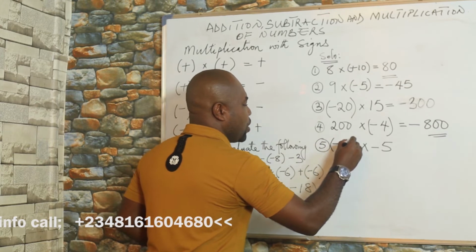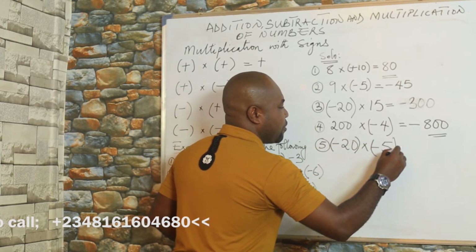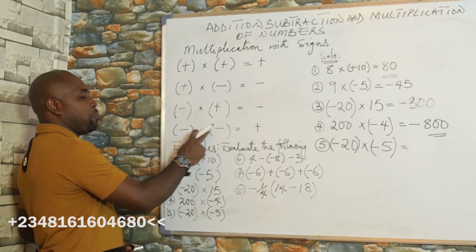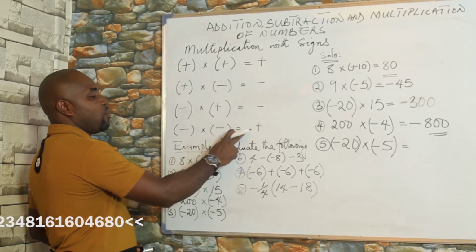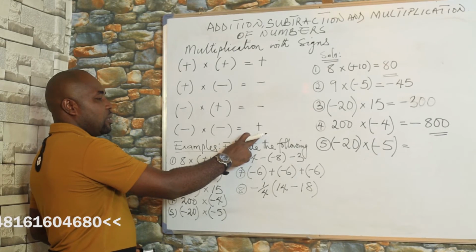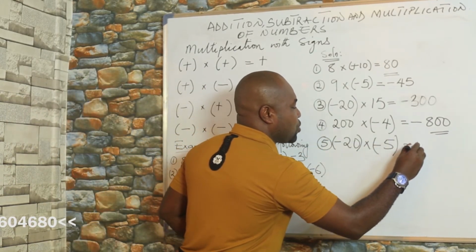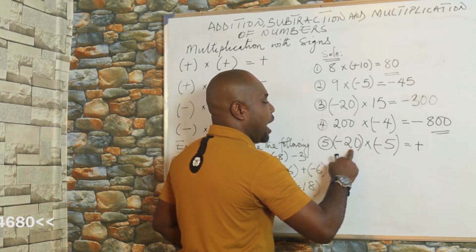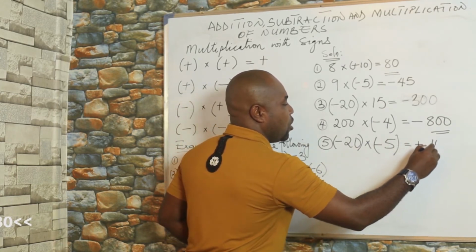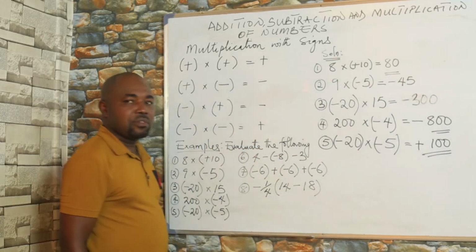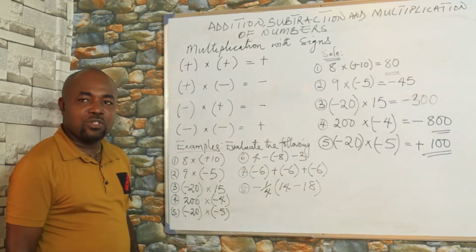This is negative 20, negative 5. And here, when a negative number is multiplying a negative number, the answer will be in the positive. Minus times minus will give us plus. 20 times 5 will give us 100. Our answer is plus 100.